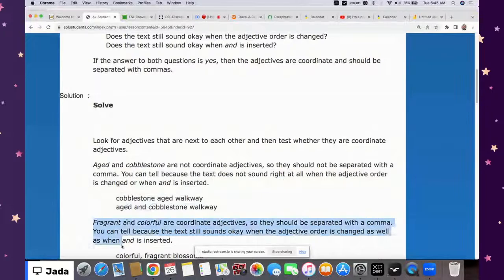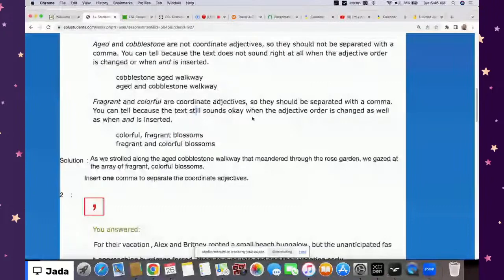You can tell because the text still sounds okay when the adjective order is changed or when "and" is inserted. So you can add a comma in between the fragrant and then the colorful.